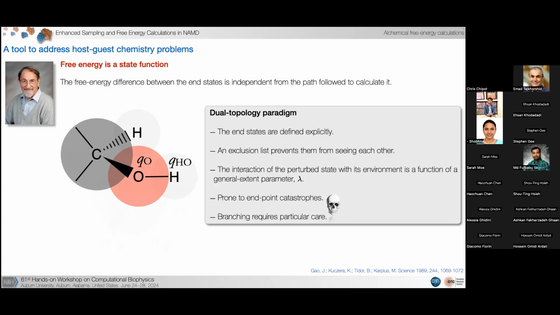Here, I'm perturbing directly the interaction energy. So the interaction energy is also a linear function of the interaction energy in the initial state and the interaction energy in the final state. Make sense? So in one case, I'm playing with the parameters of the force field. In the other case, I'm playing directly with the potential energy function, right?